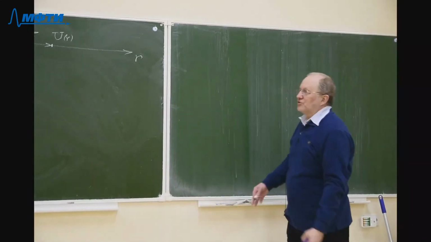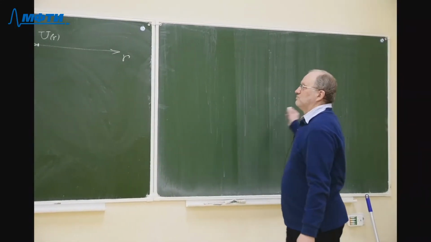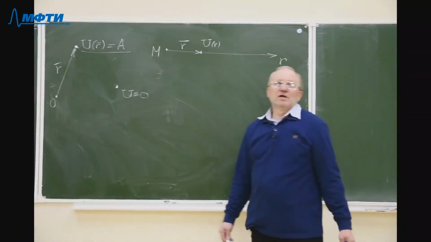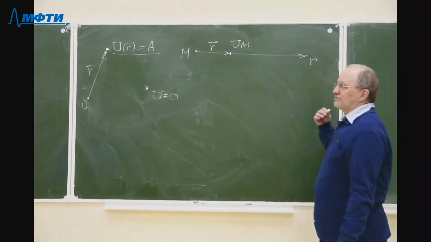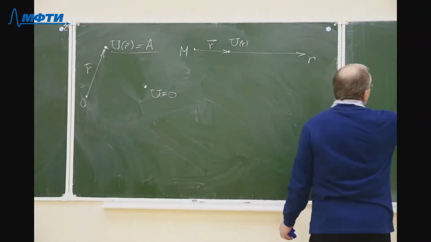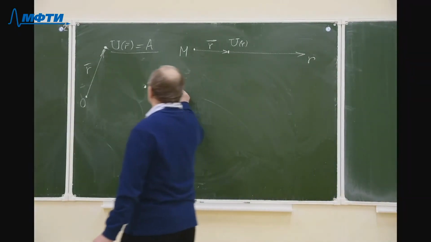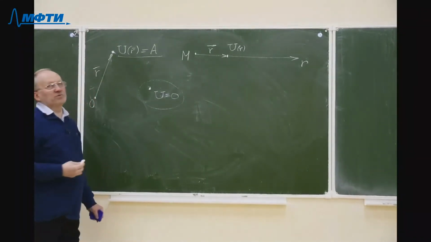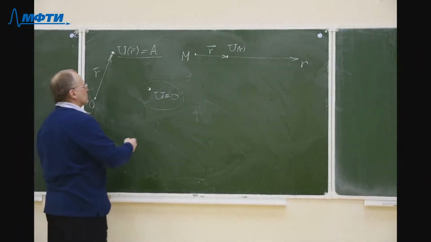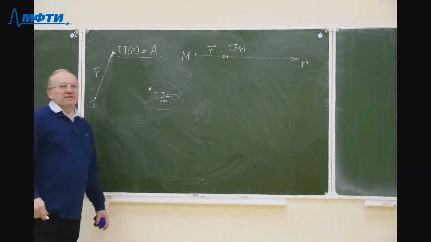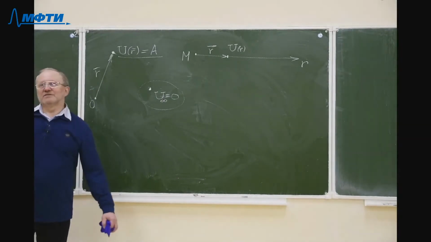So it's natural to choose the infinite point where there is no gravitational field at all. So in our particular case, when we calculate the potential energy in the gravitational field, the zero potential energy will be at infinite distance.